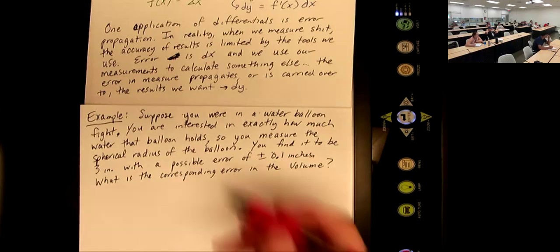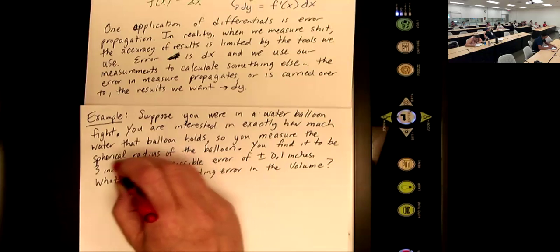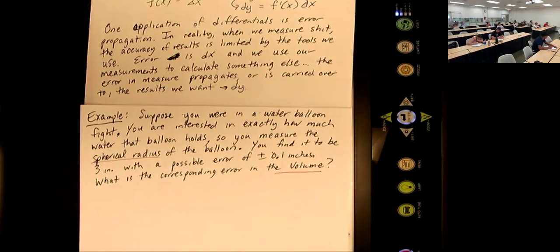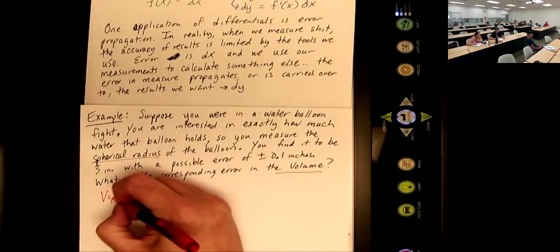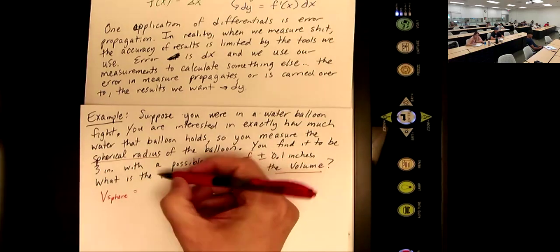So we're trying to make a connection between the radius of the sphere and its volume. Remember what it was, Jacob? Radius of the sphere? Well, no, the volume of the sphere. I have both of them, but I don't know which one's right. There's only one of them that's right.